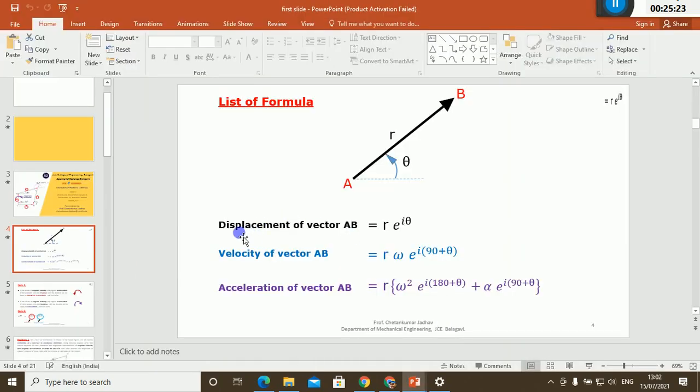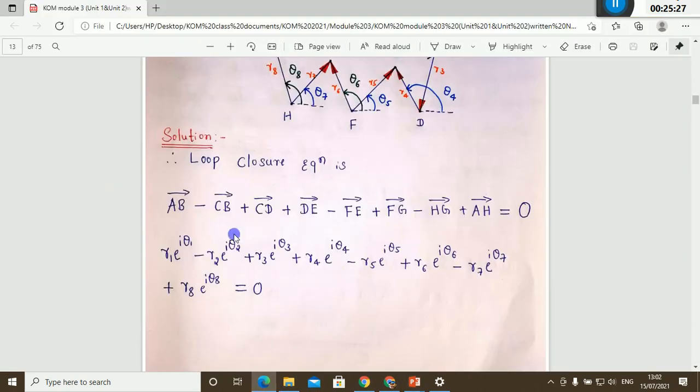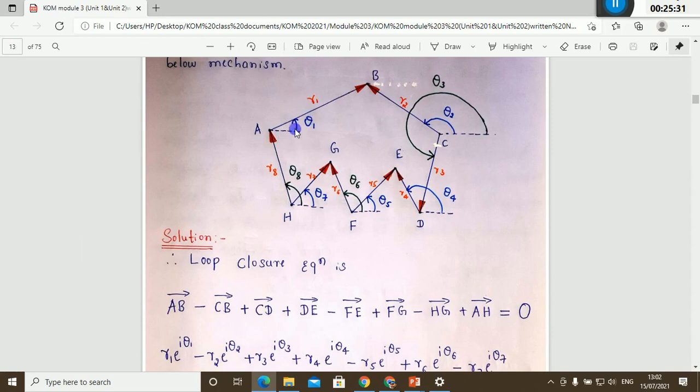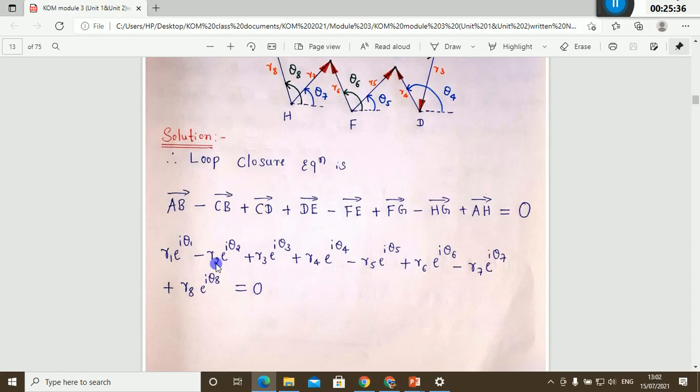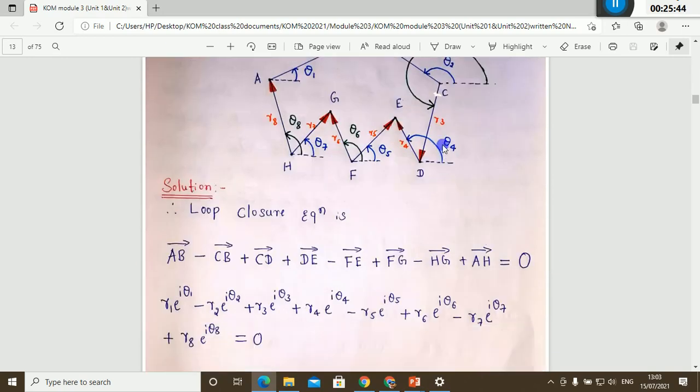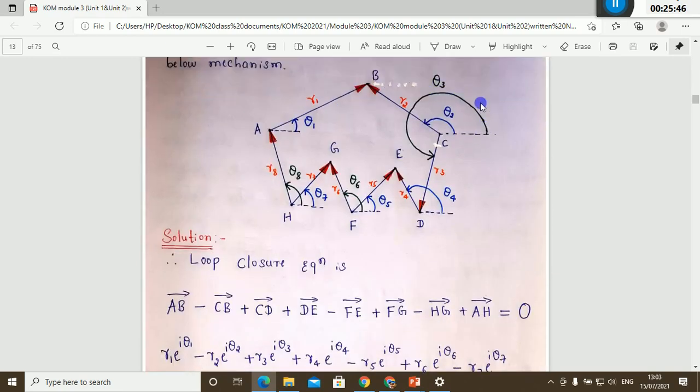And I know how to write the displacement of a vector, that is r e raised to i theta. The length of vector AB is r1 and the angle theta 1 is with respect to the positive real axis and from the tail. So r1 e raised to i theta 1, r2 e raised to i theta 2. For CD, the length is r3 and the angle is theta 3 with respect to the positive real axis from the tail.